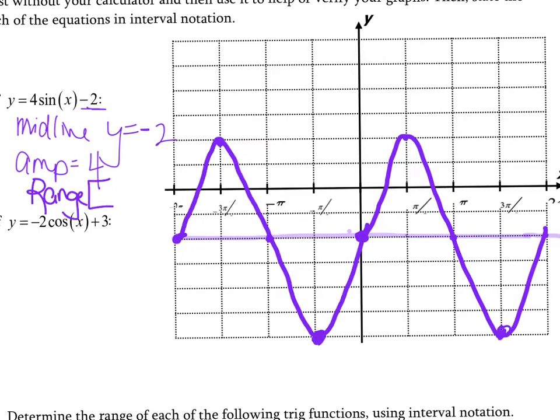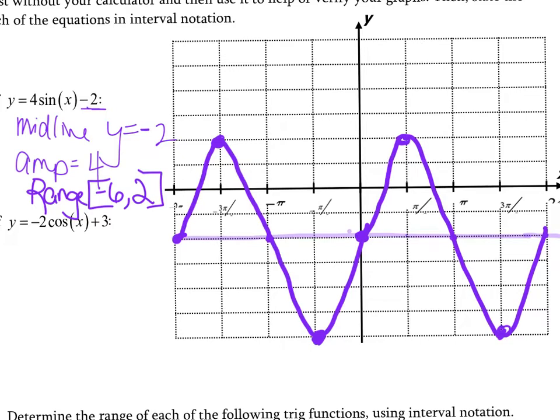Well, what are my y values there? Be careful, count from the x-axis, not from your midline. That's going to mix you up a little bit. It's -6. And then what are my highest y values? Well, those are here and here. And again, count from the x-axis. And that is 2 with a hard bracket.